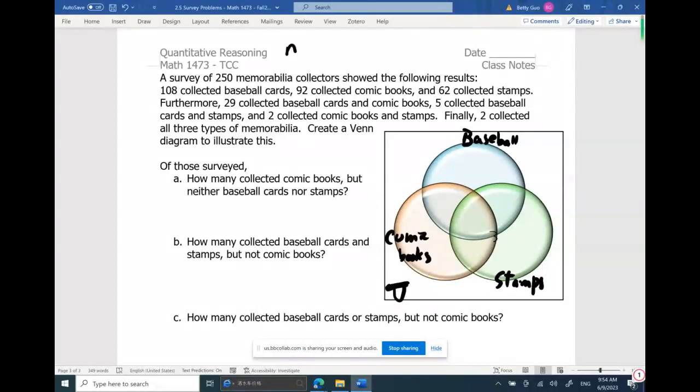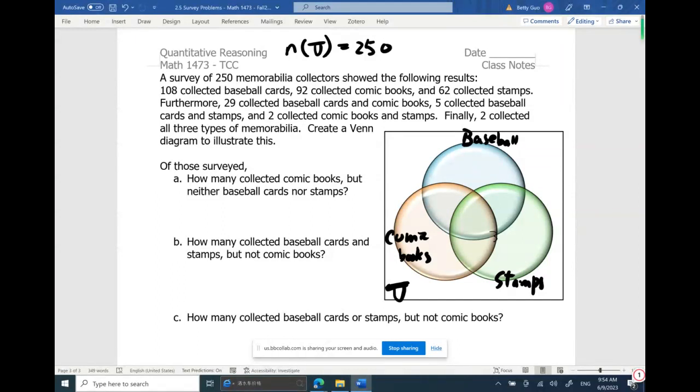So that means in the universal set, this rectangular box, we have in total 250 elements, because we're talking about set theory.